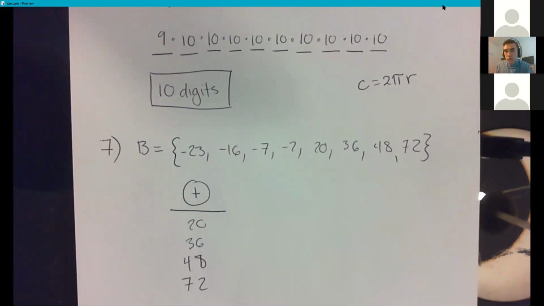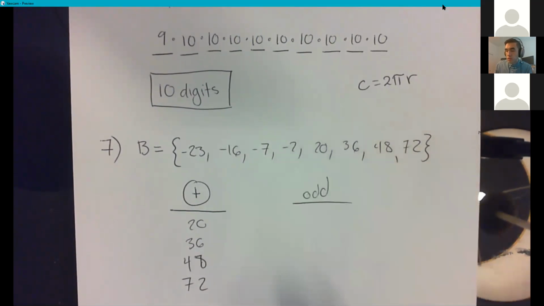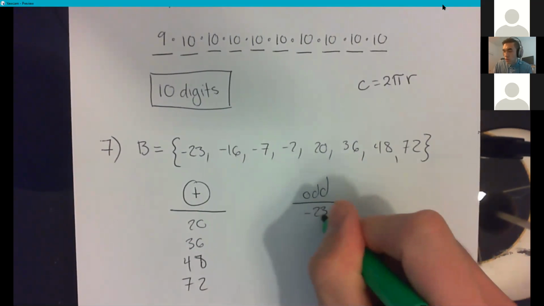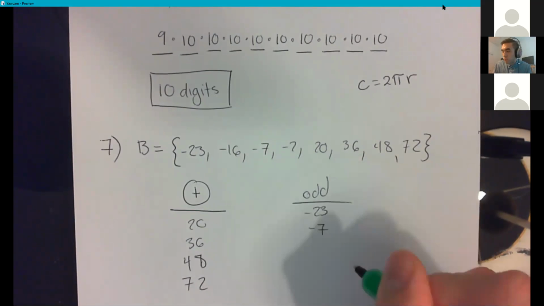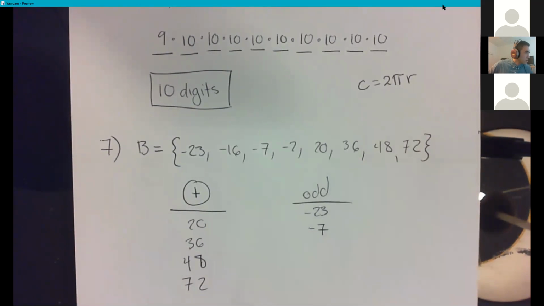And then for that second one, odd, here are the numbers that satisfy that condition: negative 23, negative 7. Wait a minute. Negative 16 and then negative 7.